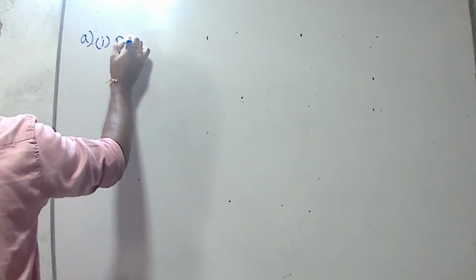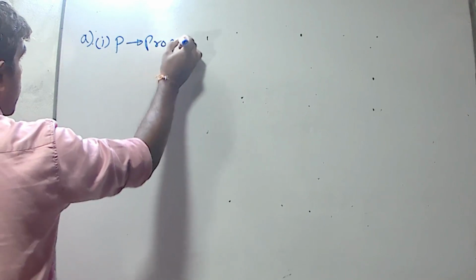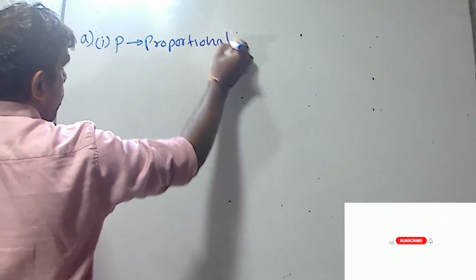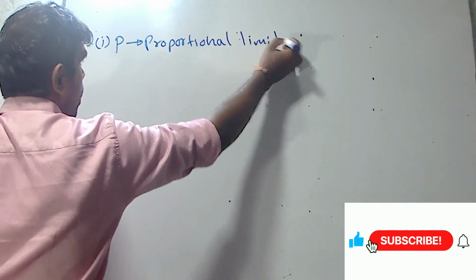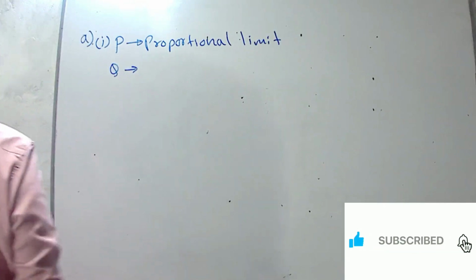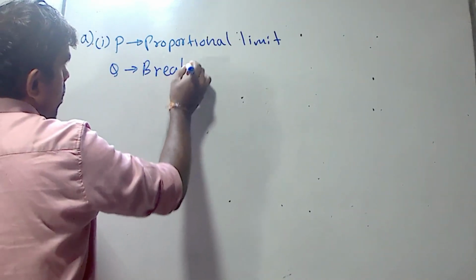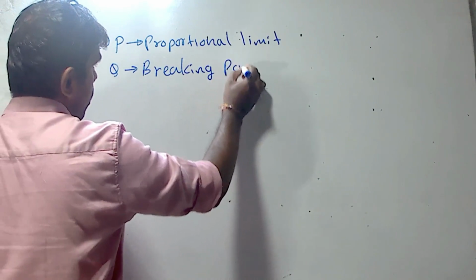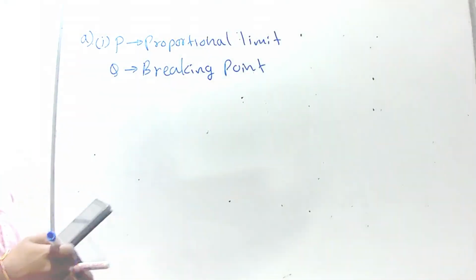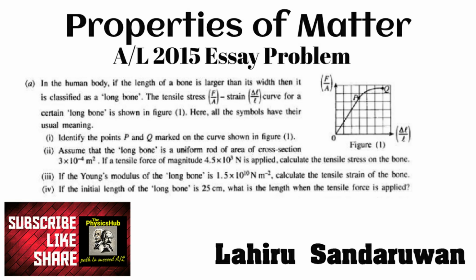We know that point P is the proportional limit, and point Q is the breaking point.